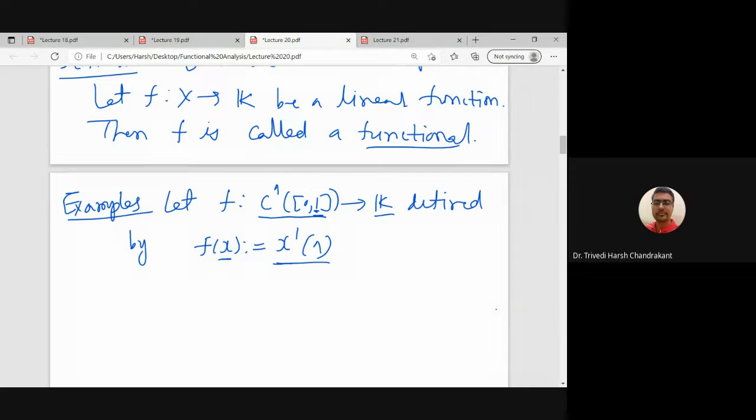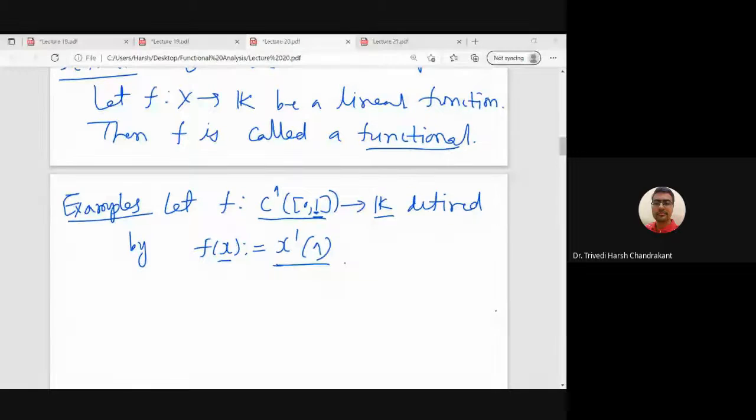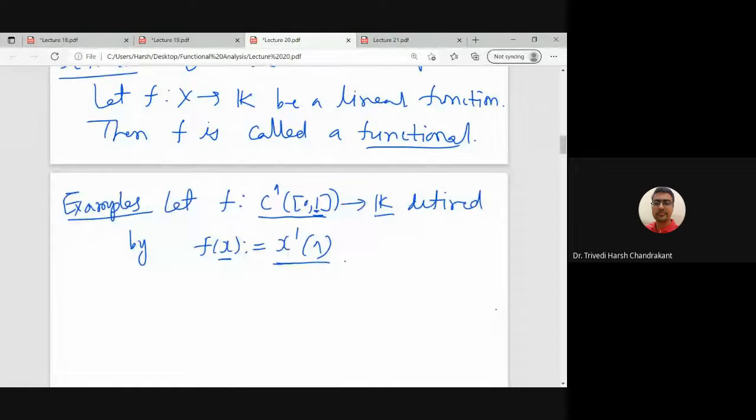So the question is whether this function is linear. Can you check it? Obviously we need to check that it preserves addition and scalar multiplication.